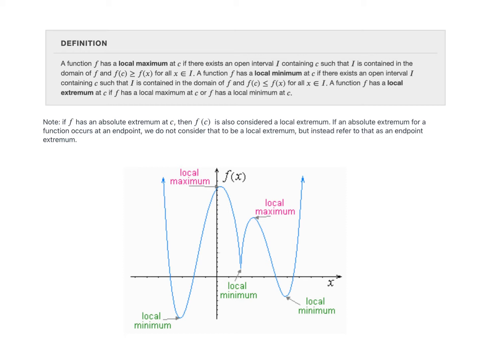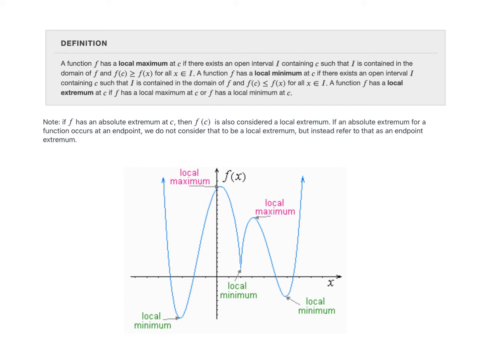I'm not going to take the time to read this formal definition to you, but you can see that it's very similar to the formal definition for an absolute maximum and an absolute minimum. What I want to do is spend this time looking at the difference between an absolute extremum and a local extremum. And so I'm going to label some points here.